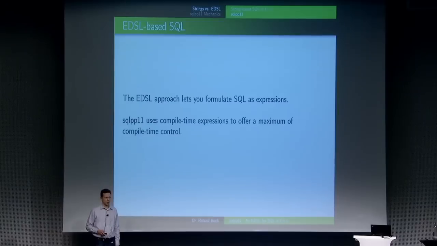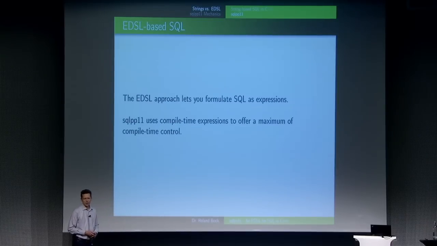And for everyone who was in the previous talk here, it is expression templates over and over again. For one of those uses which were not contradicted in this talk, for ease of use, right? So it does use compile time expressions to give you a maximum of compile time control.